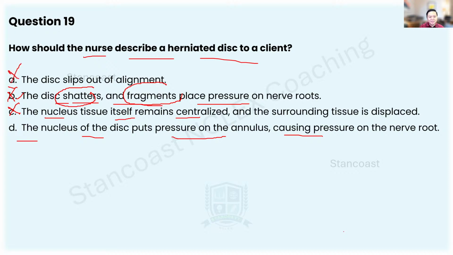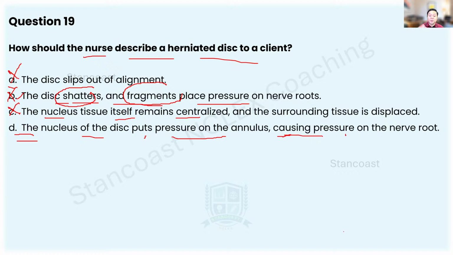Okay, so we have our answer, which is letter D. The nucleus of the disc puts pressure onto the annulus, that bluish color signifying the annulus, right? And this will eventually cause pressure onto the nerve root.